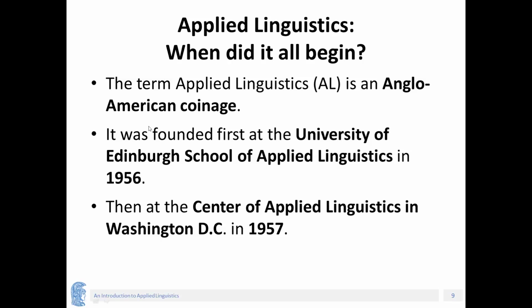Coinage means a word which is produced by Anglo-Americans. They are the ones who started using the term applied linguistics for the first time. The term was first used at the University of Edinburgh School of Applied Linguistics in 1956. Today we are living in 2024, but the term applied linguistics started to be used in 1956.